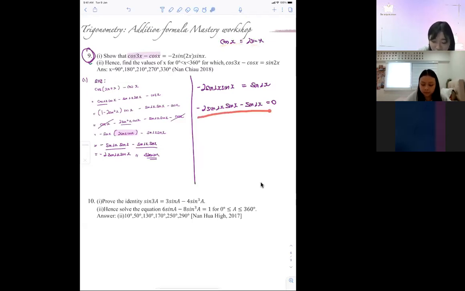But everything else, you cannot anyhow divide a trigo function. So we must factorize. You got sine 2x times minus 2 sine x minus 1 equals to 0. So it's either sine 2x equals to 0 or sine x equals to minus half.